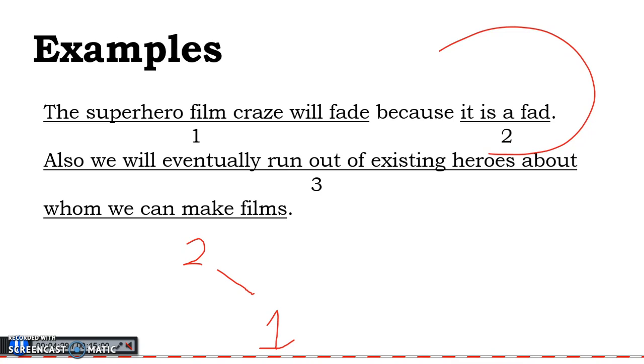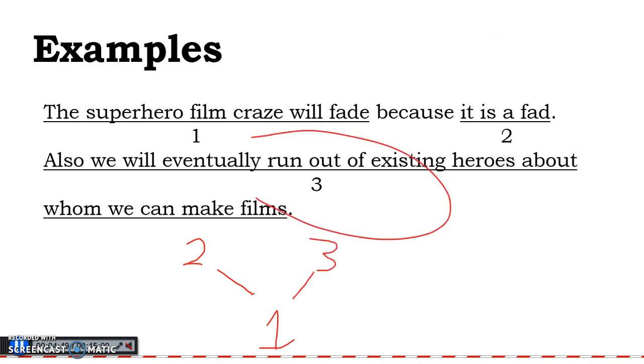Well, it's an additional reason for asserting that the superhero film craze will fade. In addition to the film craze being a fad, it's also living on borrowed time because we're running out of heroes to make movies about. So because that's its own independent supporting reason, we draw a connection to number 1 like this. 2 distinct reasons for saying that the superhero film craze will fade. 2 independent lines converging upon this conclusion.